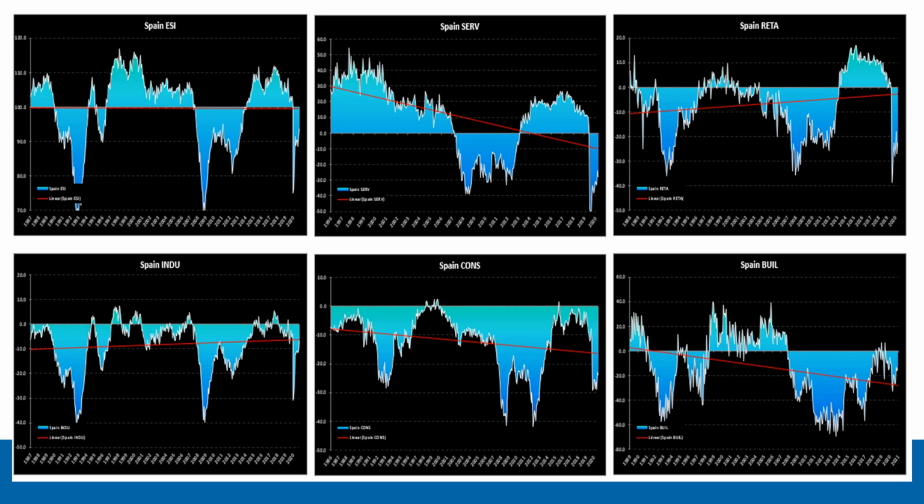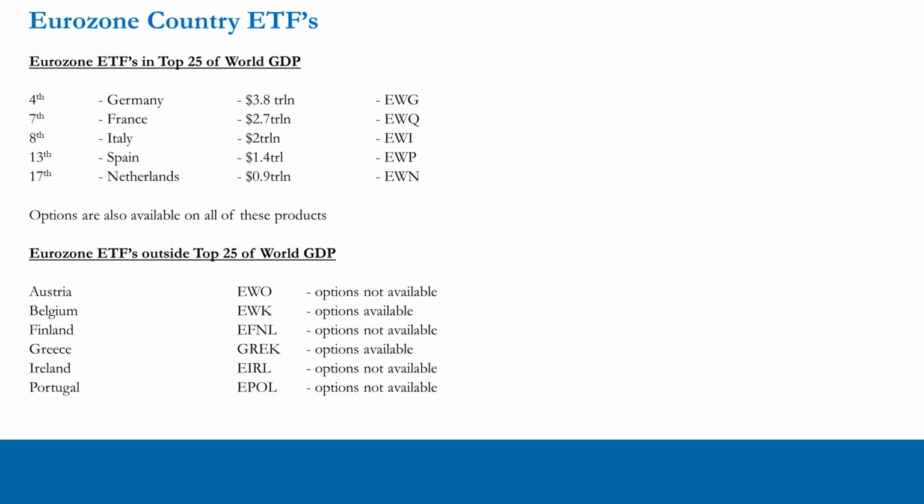Always important to obviously not only understand US GDP and try to forecast its direction and growth, but also to have an appreciation and understanding of what's happening in the Eurozone as well. Not least because you can actually get trade ideas from the Eurozone.